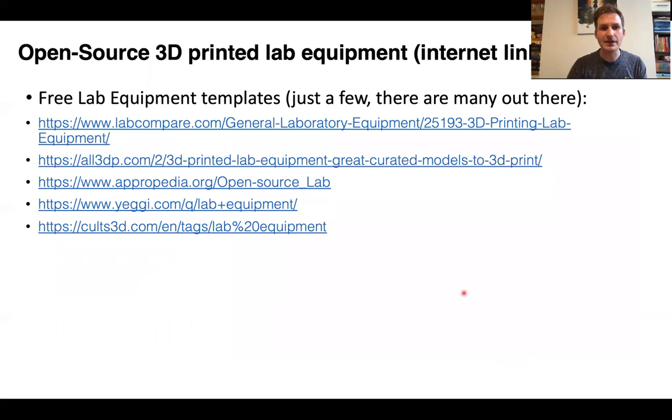Again, here are even more links for open source 3D printed lab equipment, and they're updating these on a regular basis. You can download the templates for free, and again, I don't know all the details for how to do it, but at least it's a way of getting established.